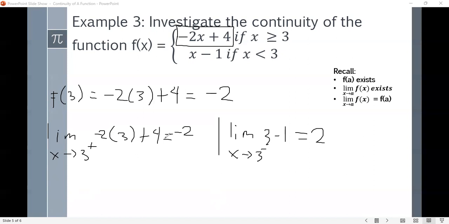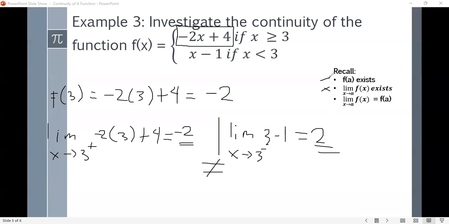The limit of f of x as x approaches 3 from the right is equal to negative 2, while x approaches 3 from the left is 2. Kung yung f of x natin is not equal, di ba? Mapapansin nyo, ito pong dalawang answers natin ay hindi po equal. So, ibig sabihin, yung second condition natin, hindi po siya check.